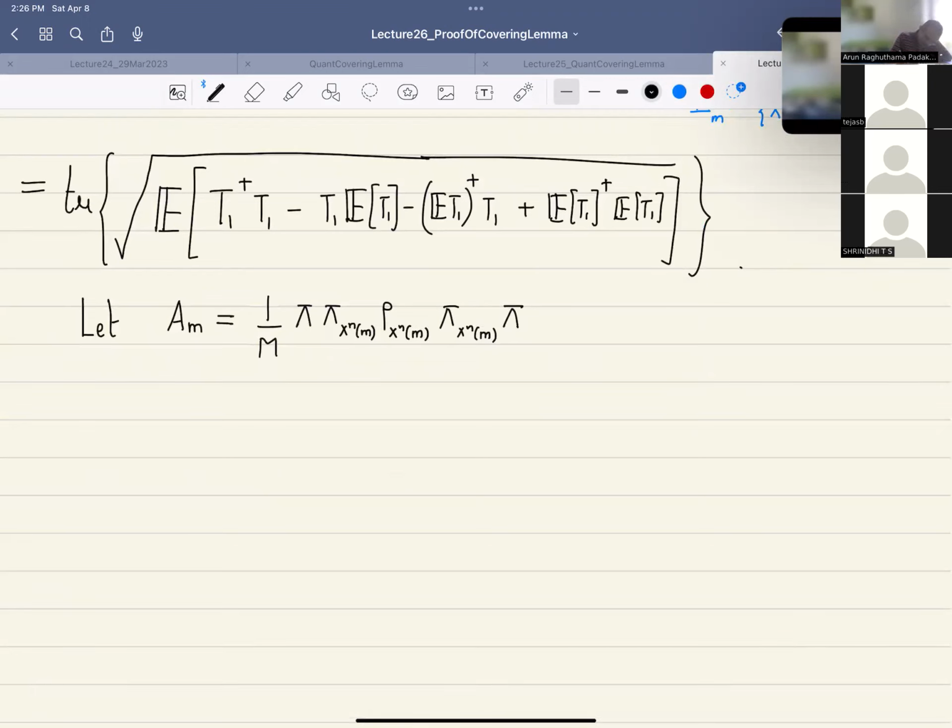And so we are looking at something like this, right? So focus on the operator under the square root. Just going to look at that.